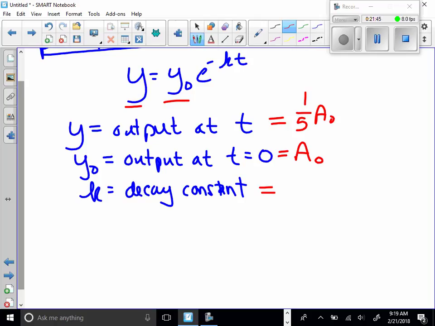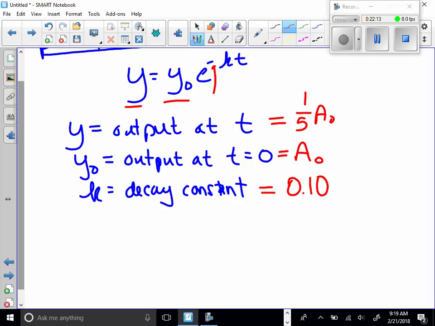So what's k going to be? 10, because it's 10%. And that's how much it falls by. Okay, I've already included the negative sign up here. You could have written it as y equals y0 e to the kt and let k be equal to negative 0.10. It's up to you.